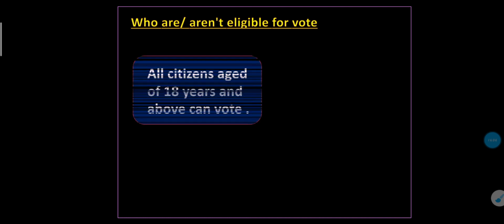Now we have to know who is and isn't eligible to vote. All citizens who are 18 years of age and above can cast their votes. Basically, in our country, those people above 18 years of age are all eligible to vote.